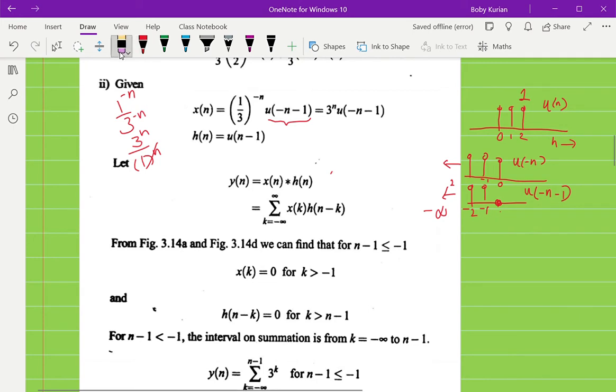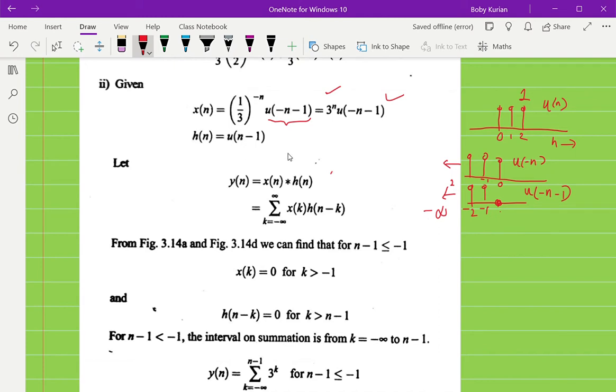So in any way, (1/3) raised to minus n is nothing but 3 raised to n. So 3 raised to n into u of minus n minus 1. So that is the first signal x of n.